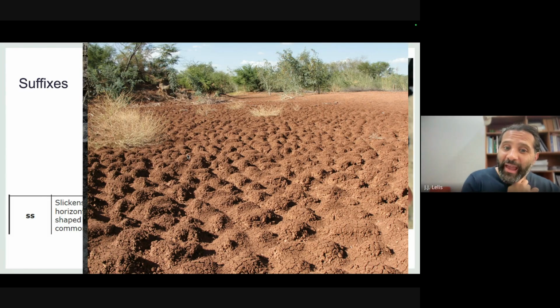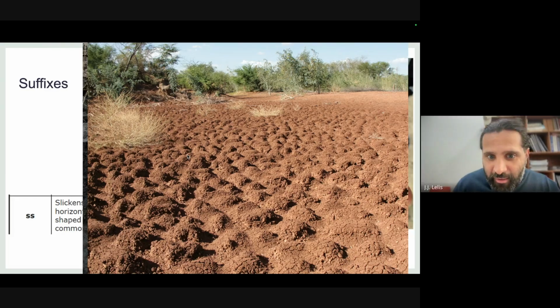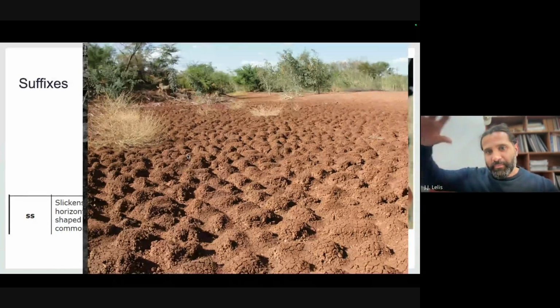So again, as in the case of the cryoturbation, the clay migrates from the deepest horizons that have a higher amount of water, a higher moisture. So the water migrates from the deepest to the surface horizons, and at the surface you have a higher concentration of clay that induces these hills, and these hills are formed by this clay migration.